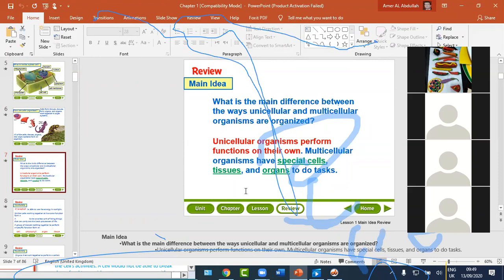Now, if we want to compare, how do organs compare to organ systems? Who can give me any idea about this?